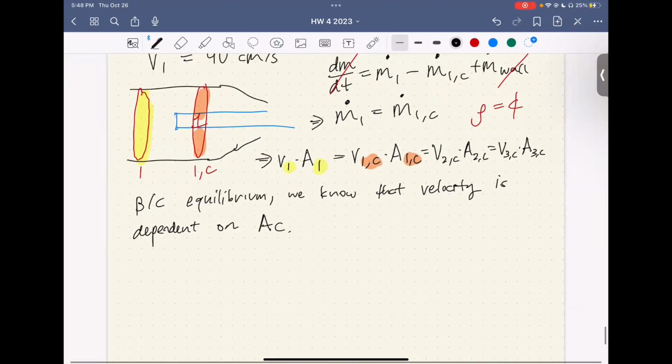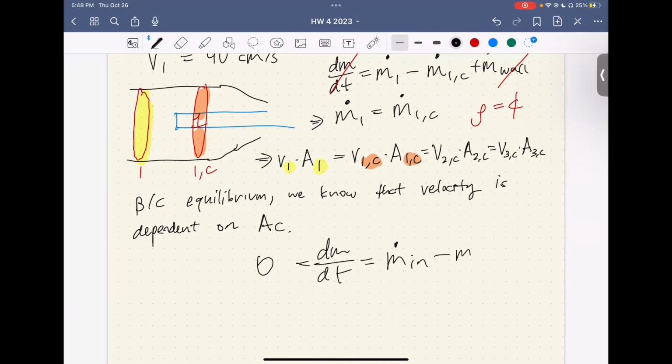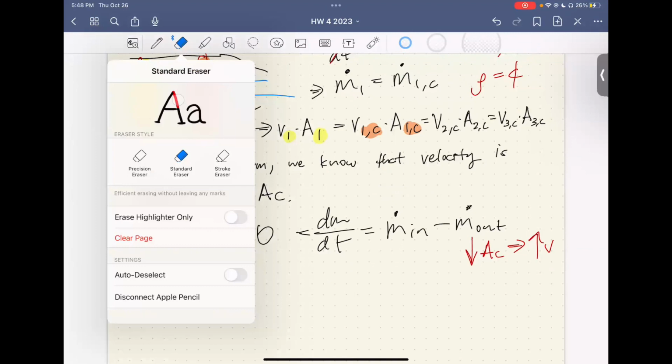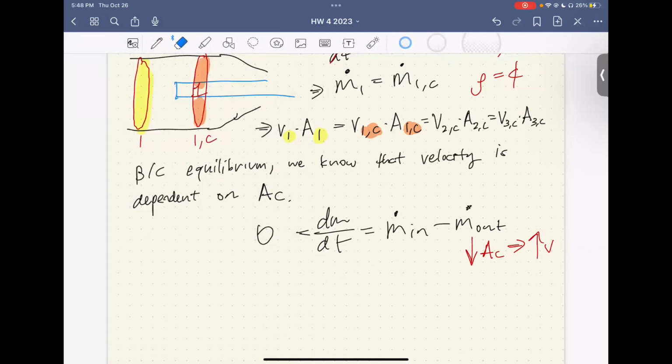So when we say in our conservation of mass that dm/dt is equal to 0 and is equal to m in minus m out, we know that if we decrease our cross-sectional area here, we will have an increase in our velocity and vice versa, right? So just remember that we can apply this throughout our entire actual model, okay? So I just want to show that right here.